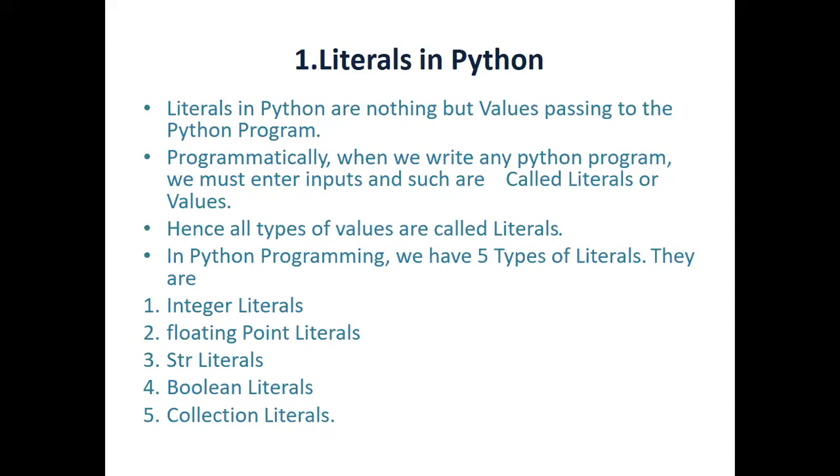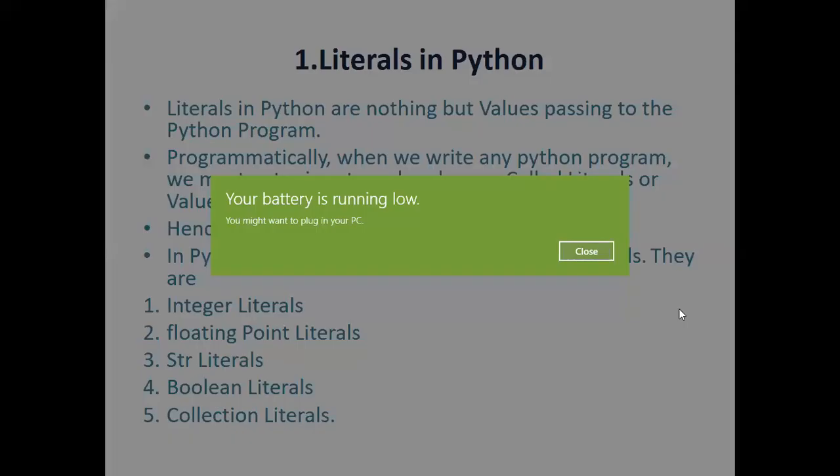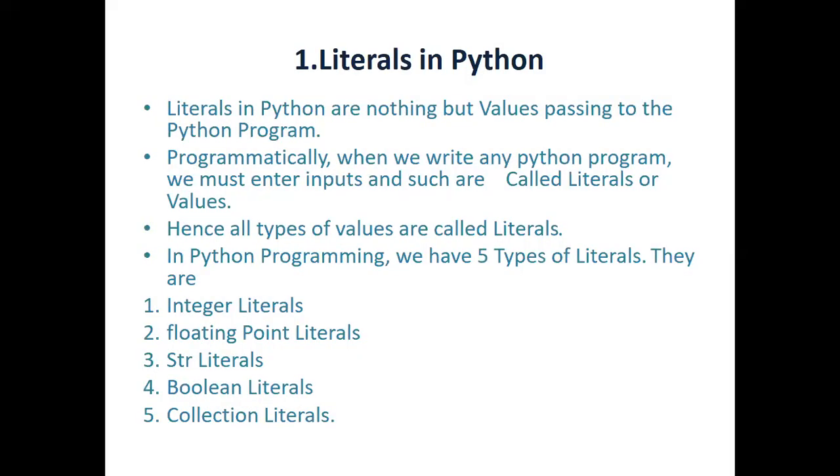Whenever we write any program, it must enter inputs such as literals and values. So all types of values are called literals. In Python, we have five types of literals: integer literal, floating literal, str literal, Boolean literals, and collection literals.